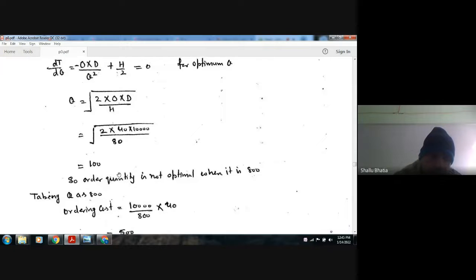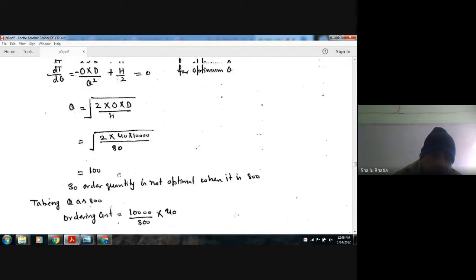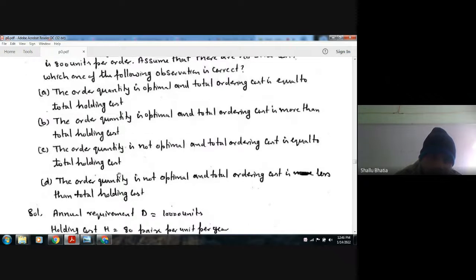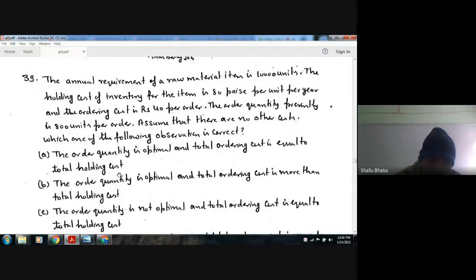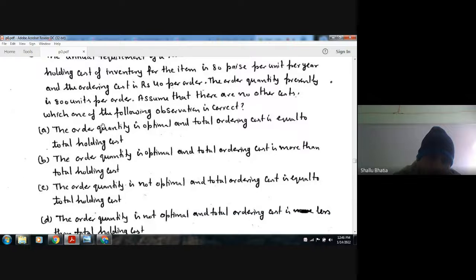Now, the ordering quantity given is 800 units per year.